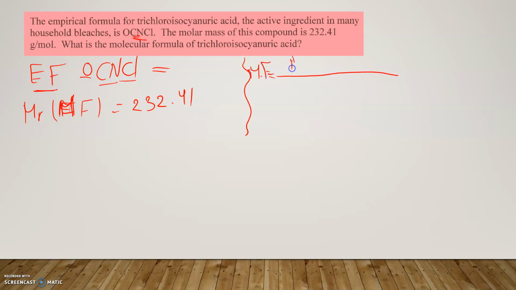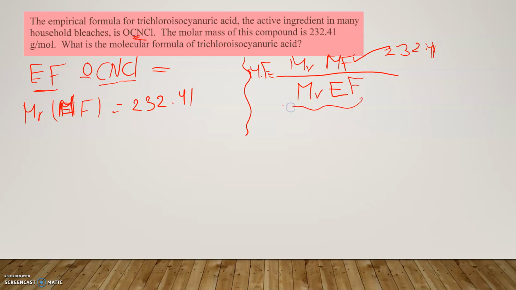The rule to calculate the molecular formula is that you divide the molar mass of the molecular formula, which is always given to you in any question, by the MR of the empirical formula. This one you have, it's 232.41.